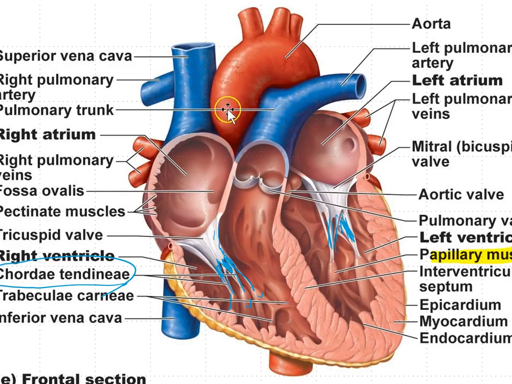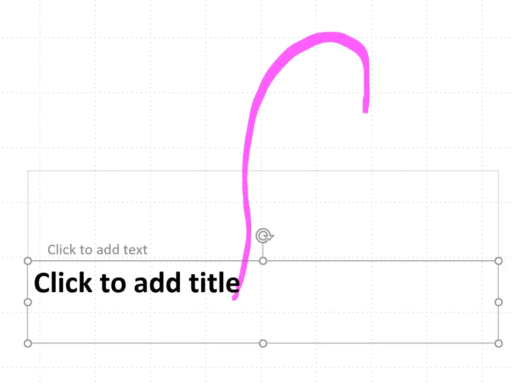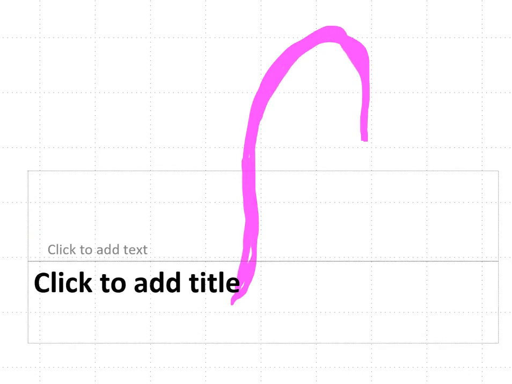Okay, and then you should know the aorta. So this is the aorta. The aorta comes from the left ventricle.